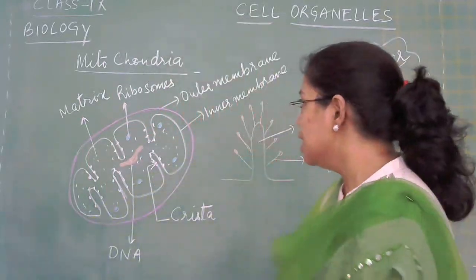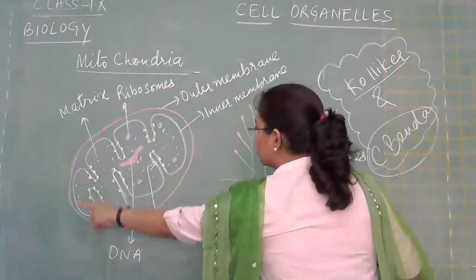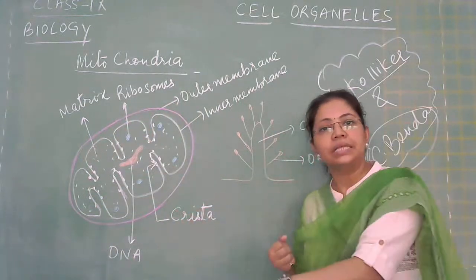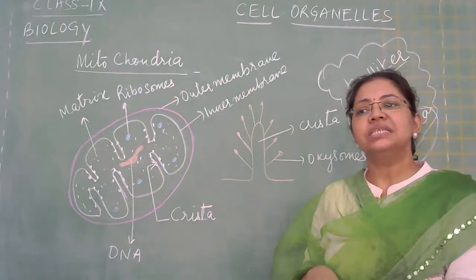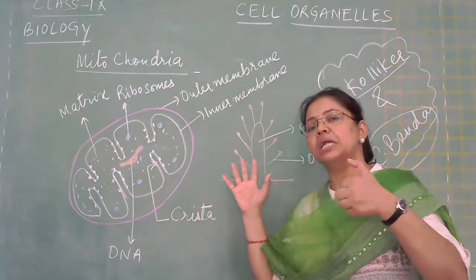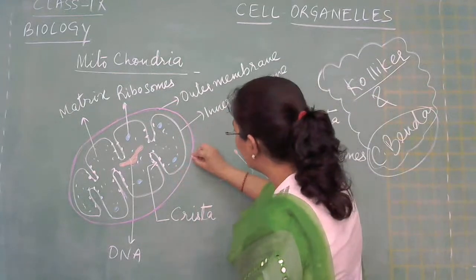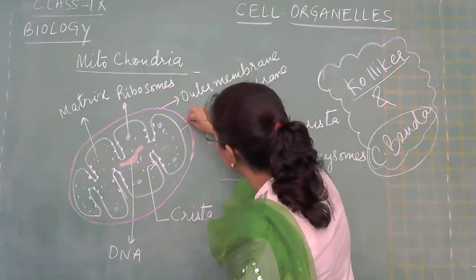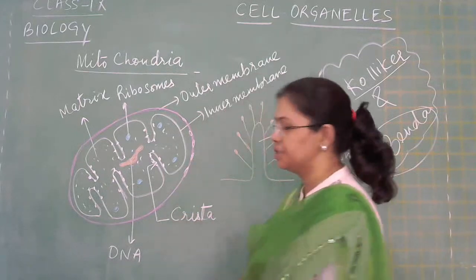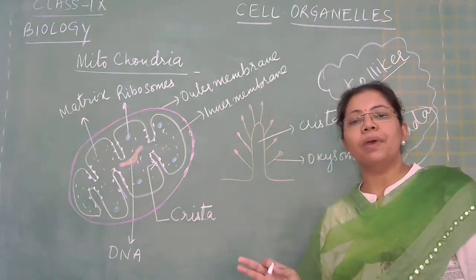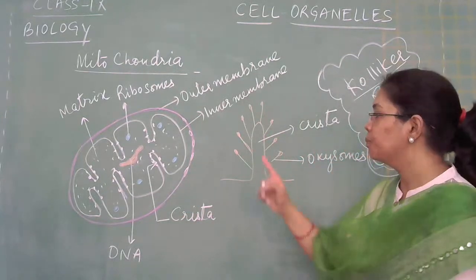So we say that the outer membrane of mitochondria is smooth and highly porous. It allows different kinds of materials to pass through it, right? Over the surface, tiny pores are present, right? So the outer membrane is porous and smooth.